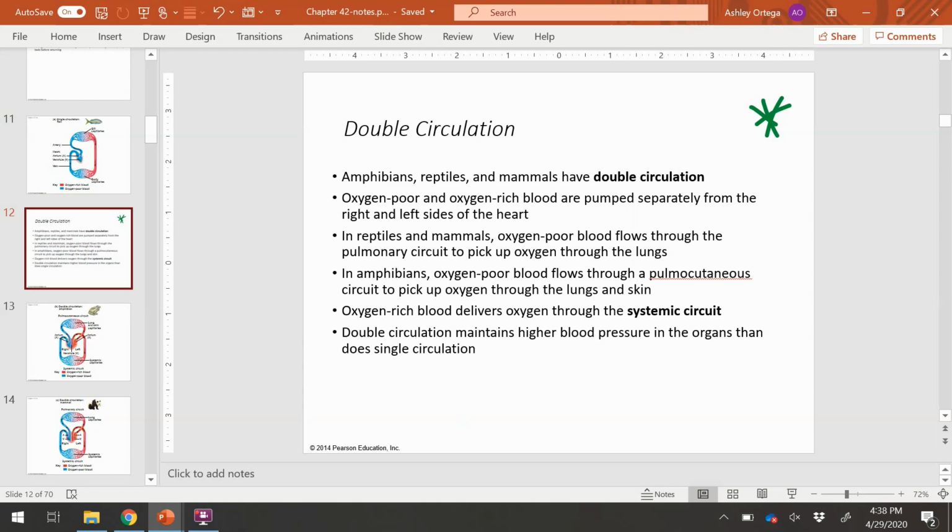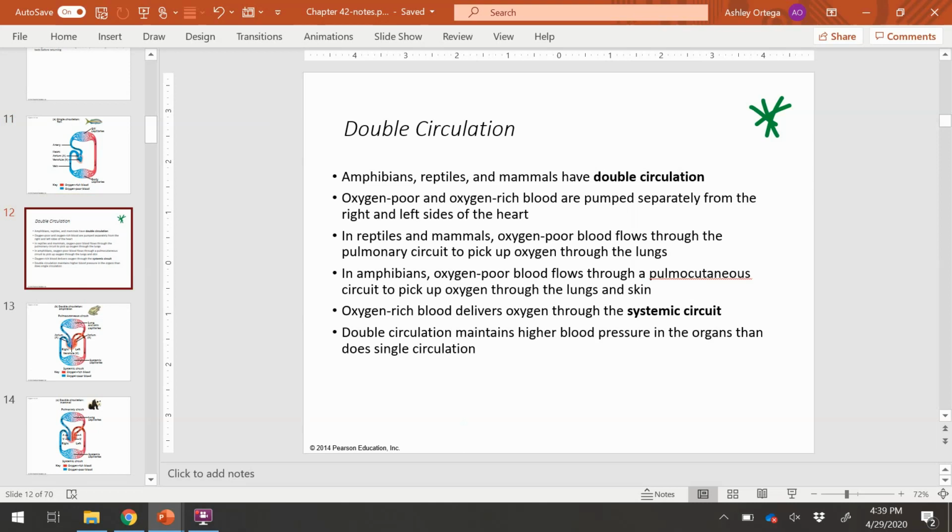But in terms of delivering that oxygen to the body, it's going to be done through the systemic circuit. So delivering that oxygen-rich blood to the body is done by the systemic circuit. So this double circulation allows for a higher blood pressure to be maintained than single circulation.